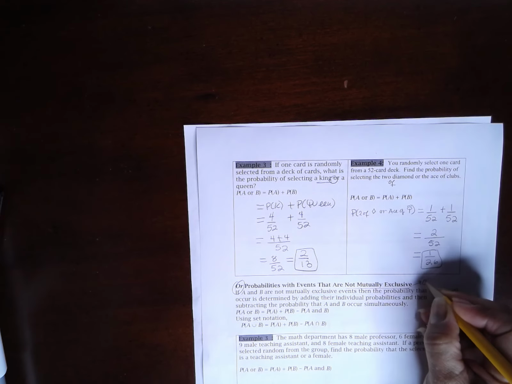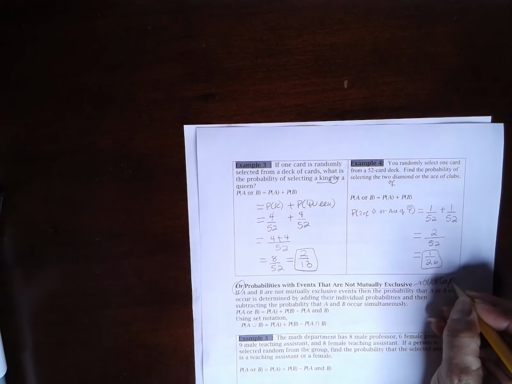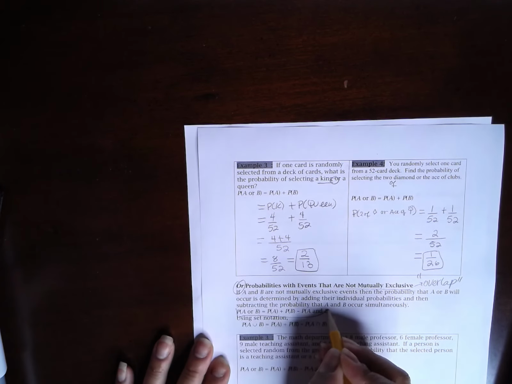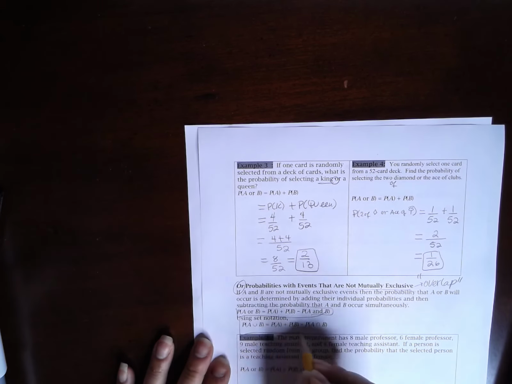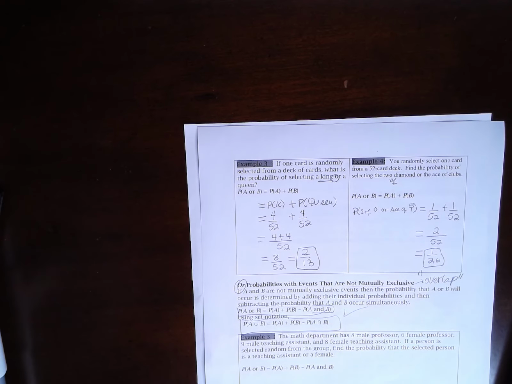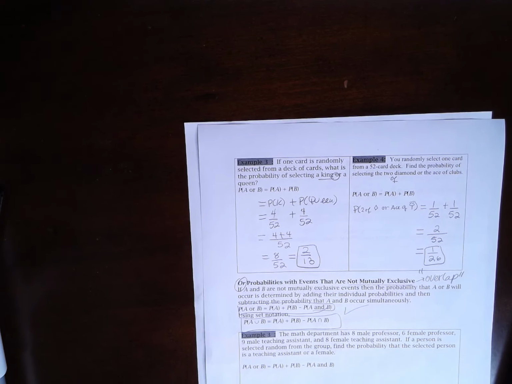So again, what that means is that they overlap. So the formula is different. If they overlap, we have to remove the overlap. So these are the formulas that we're going to use because they overlap, they occur at the same time or simultaneously. So let's look at this example here.